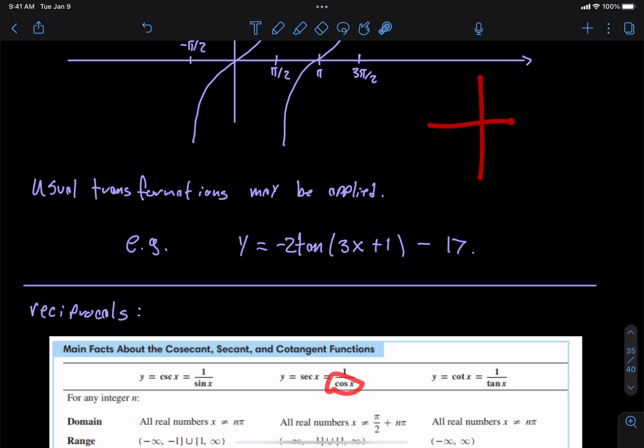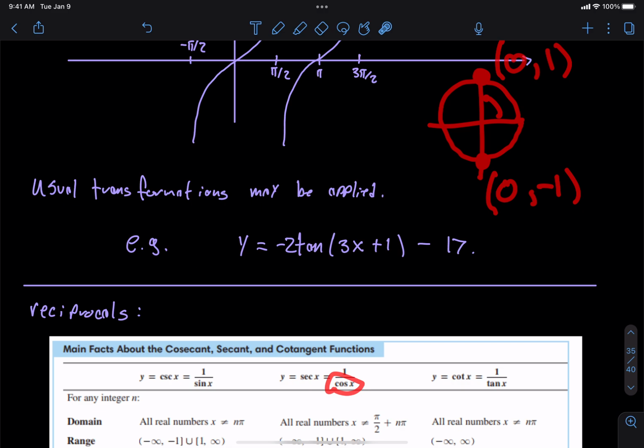When is the cosine 0? The cosine is 0 when the angle points either straight up and we get the point 0, 1, or if it points straight down and we get the point 0, -1. And what kind of angles are going to produce these points on the unit circle?